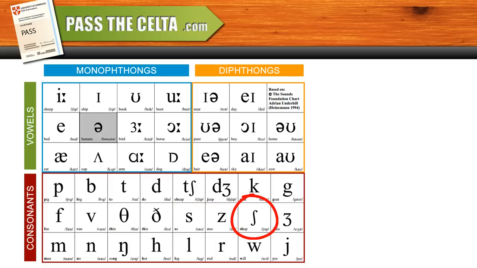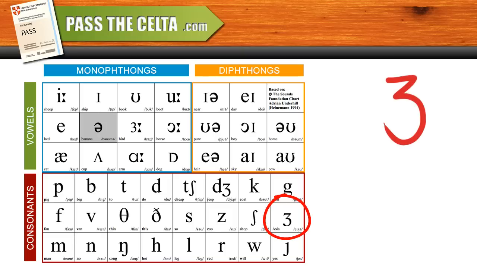Our next one is sh, as in shop or sheep, and this is represented by that symbol that I showed you before. Our next consonant is zh, as in Asia, and this is represented by what looks to be a 3.